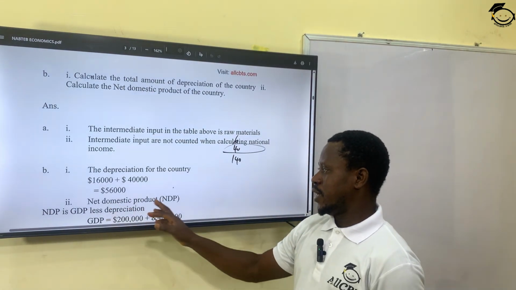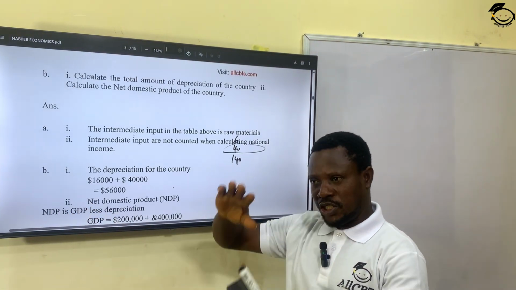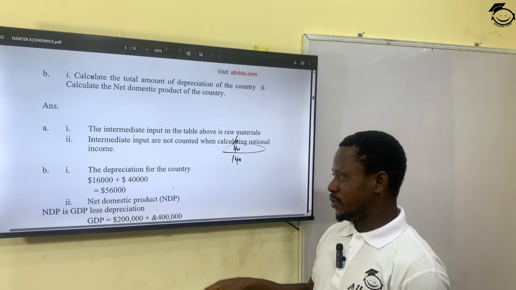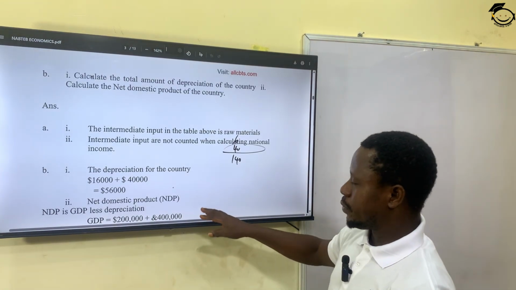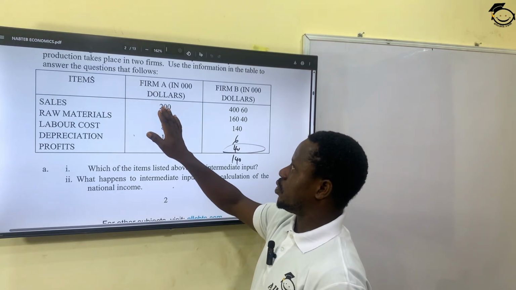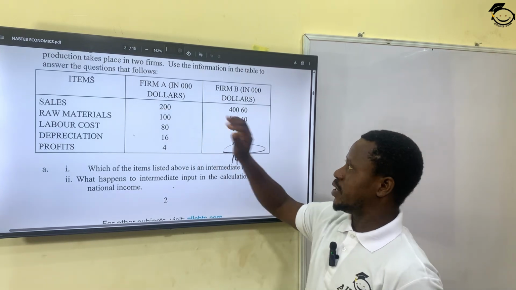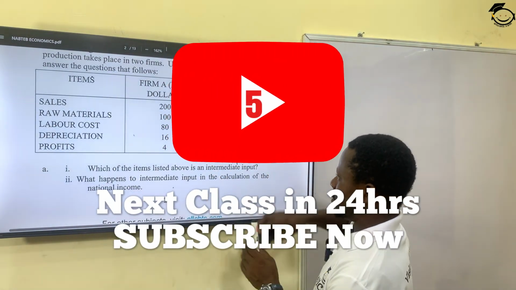So to calculate the NDP, we have NDP equals what? The GDP, the gross domestic product, minus the depreciation. If you look up, the total product from this table, for firm A is $200,000, firm B is $400,000. So when you put it together, we have $600,000. Okay?